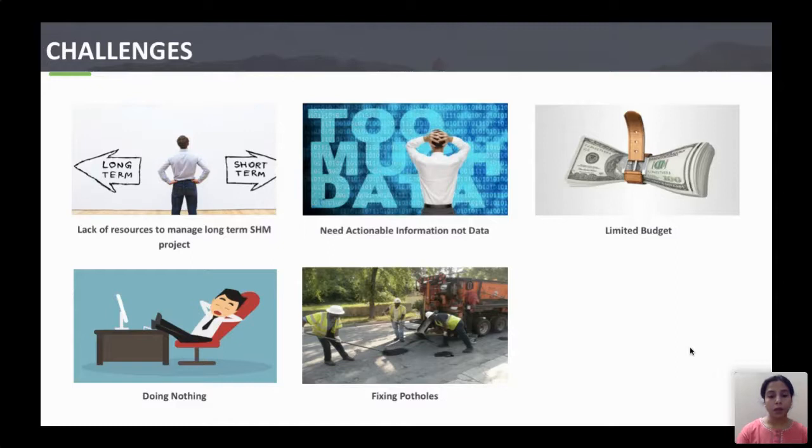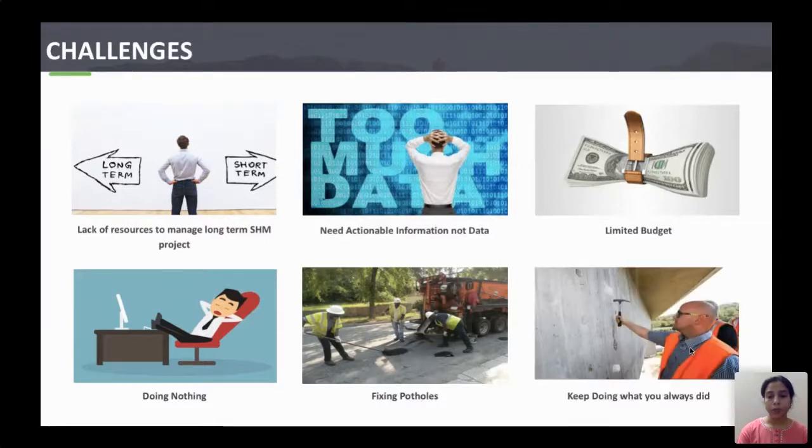Rather, they tend to fix the problems for more visibility. And finally, people have the tendency to keep doing the things they were doing in the past, so the acceptance of new technologies is comparatively less. That has to be changed.